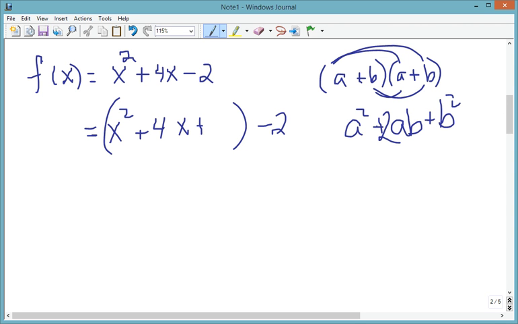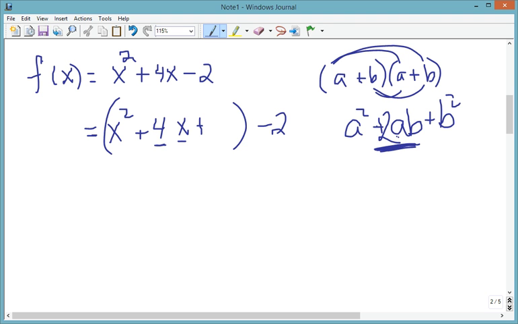So what I want is half of this middle term will tell me what goes here, right? So I have my x already. That would be my a. And that's already there. But that means this 4 has to be 2 times b, right?